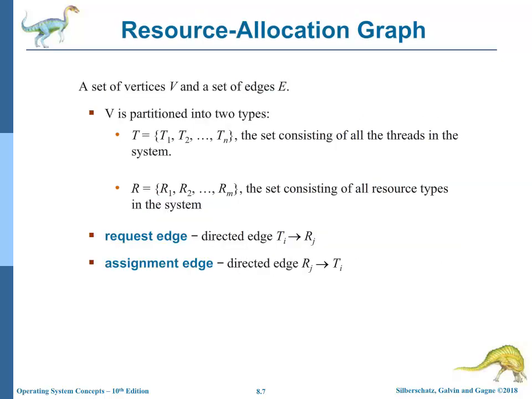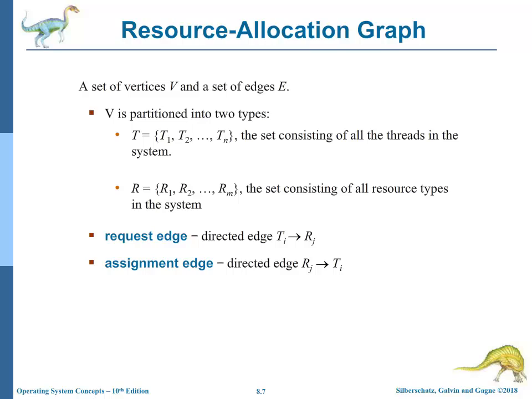Deadlocks can be described more precisely in terms of a directed graph called a system resource allocation graph. This graph consists of a set of vertices V and a set of edges E. The set V is partitioned into two different types of nodes. T from T1 to Tn is the set consisting of all active threads in the system.